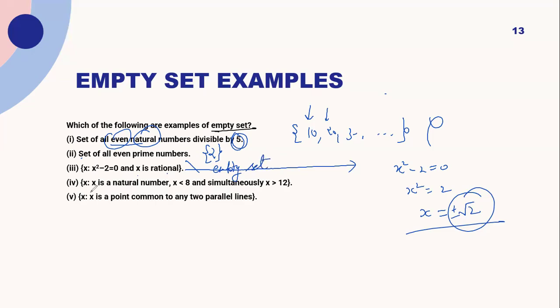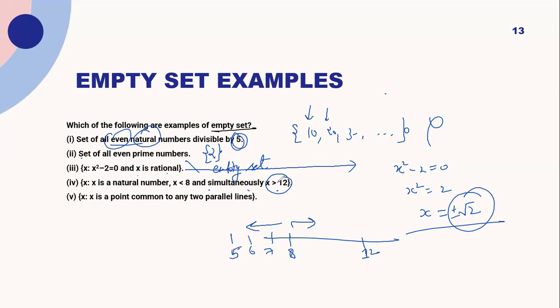X is a natural number and x should be less than 8 and simultaneously x should be greater than 12. If I represent a number line with 8 and 12, so what is x? x should be less than 8 here, like 7, like 6, like 5, all these things.